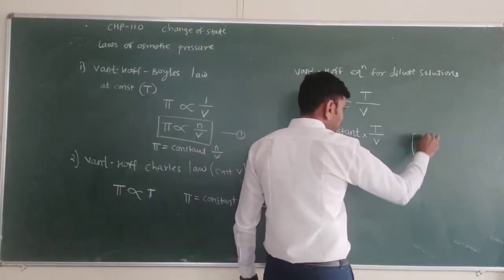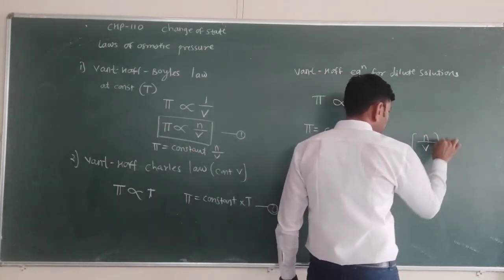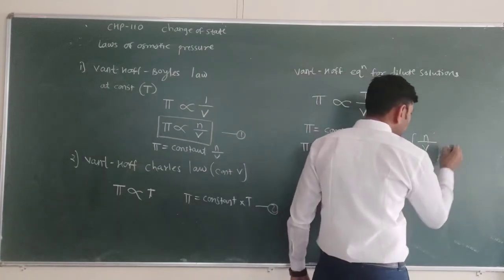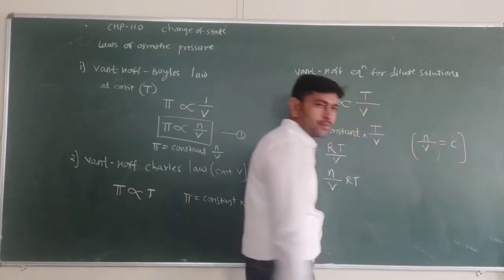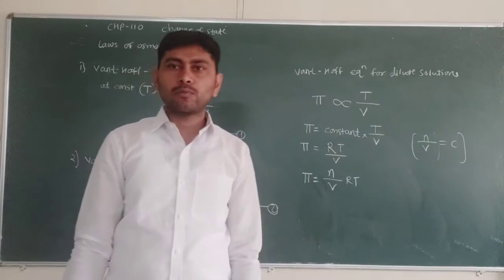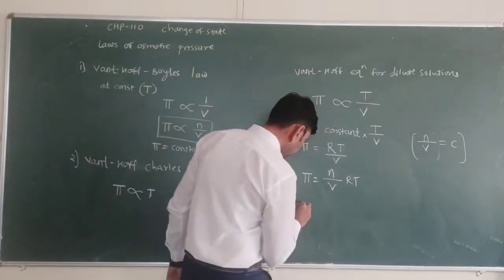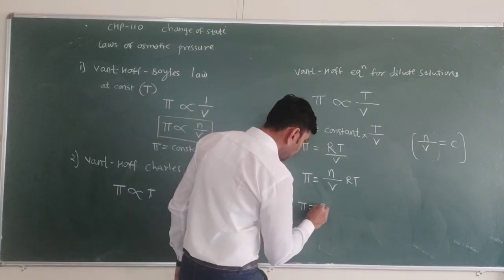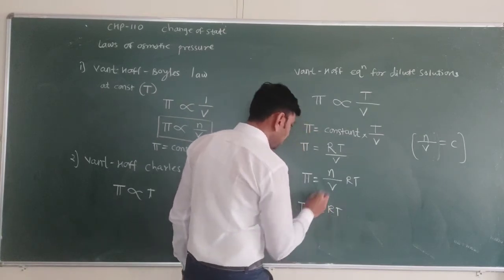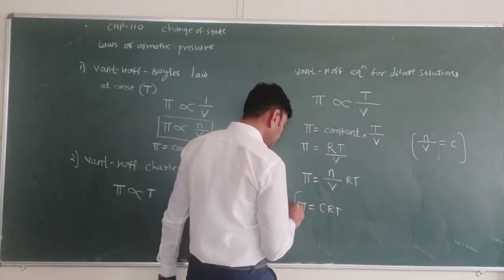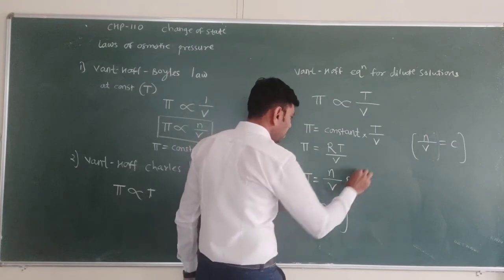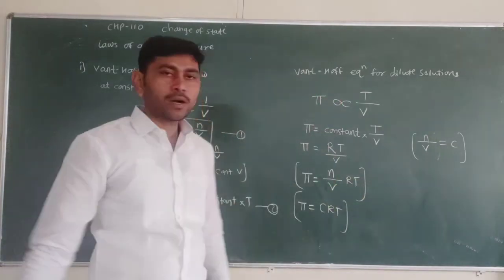We know that number of moles divided by volume is nothing but the concentration. So we can write this equation as pi equals CRT, or n upon V into RT. In this way, this equation is called Van 't Hoff equation for dilute solution.